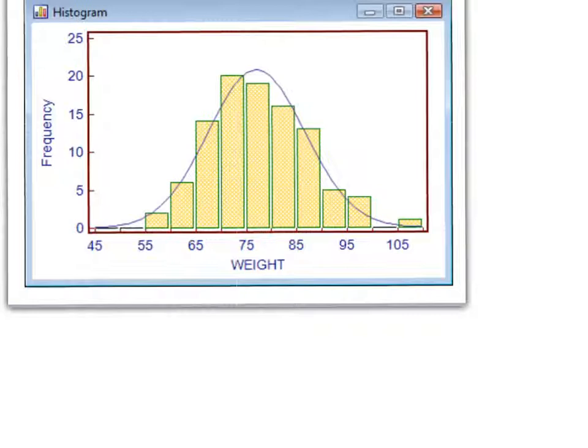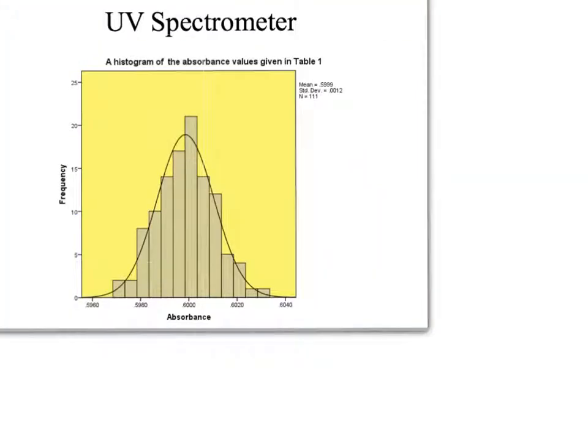Now, as the sample size increases, this curve will smooth out. You can see it's a little bit higgledy-piggledy up at the top there. It goes outside of the curve. Well, that will smooth out. This is a spectrometer, some kind of chemical, and the absorbance.